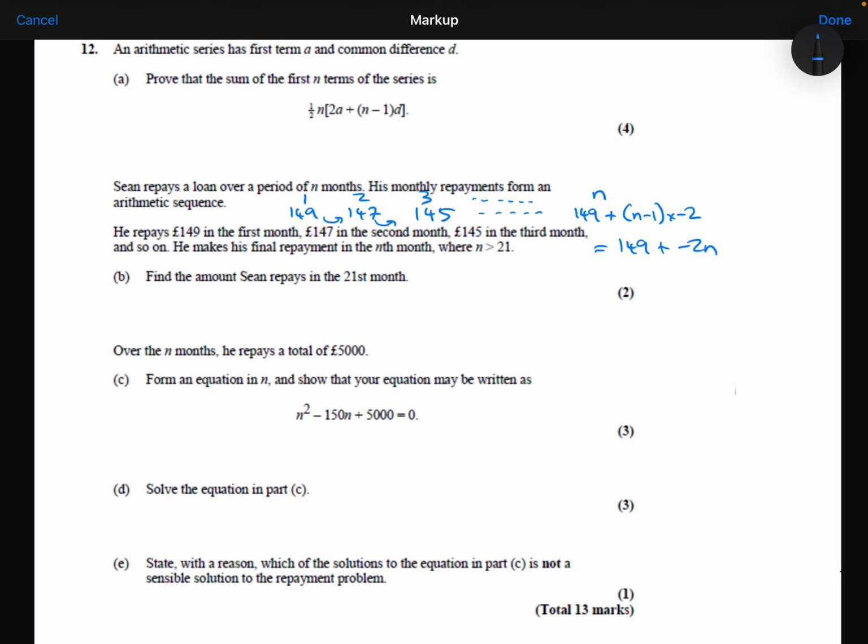And the minus 1 times the minus 2 is a plus 2. And that's going to simplify to be 151 minus 2n. So that's our nth term. So in the 21st month, it will be 151 minus 2 times 21, which is going to give £109.